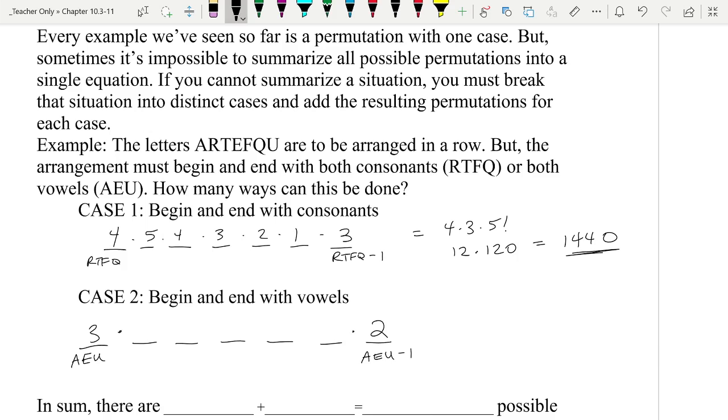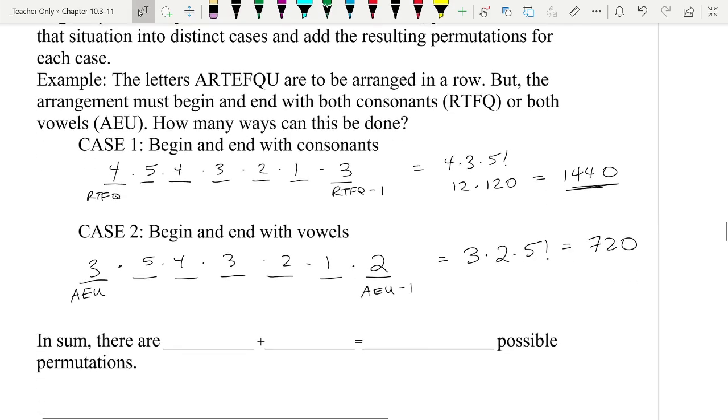Then there's still, again, 5, 4, 3, 2, 1 letters that I have to place in the middle. So that's 3 times 2 times 5 factorial, which is 6 times 5 factorial, which is 720.